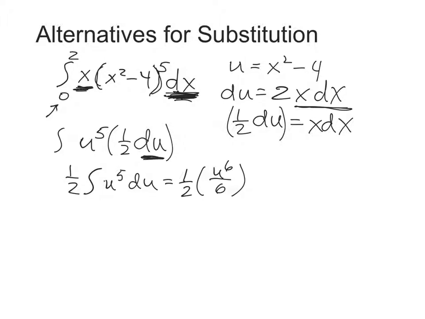Now, for an antiderivative, we'd put a plus c on there, but we need to go back to our definite integral from 0 to 2, and we can use our fundamental theorem of calculus. So let's see, we'd have really 1/12 with the 1/2 and then the 6 in the denominator.